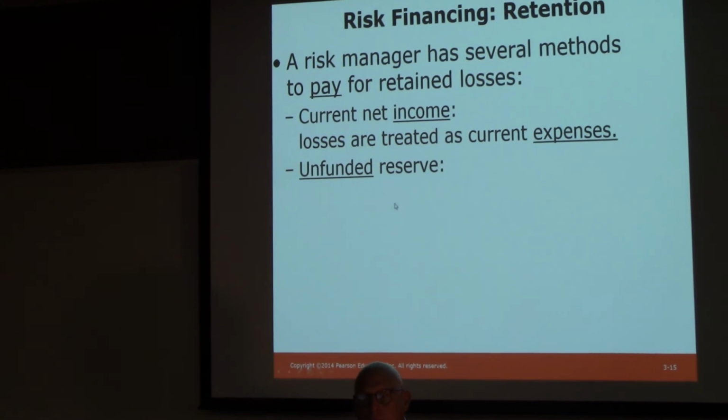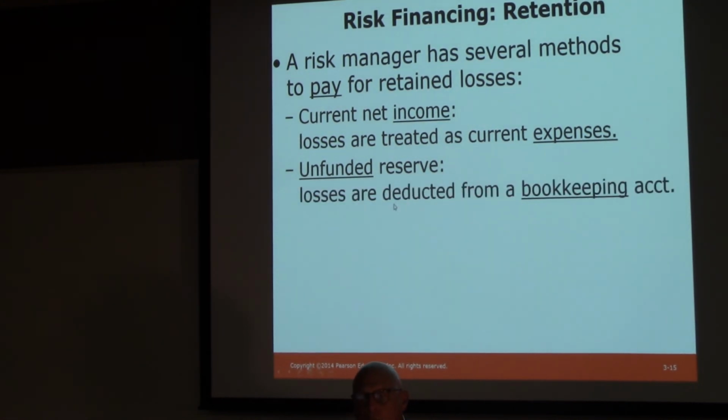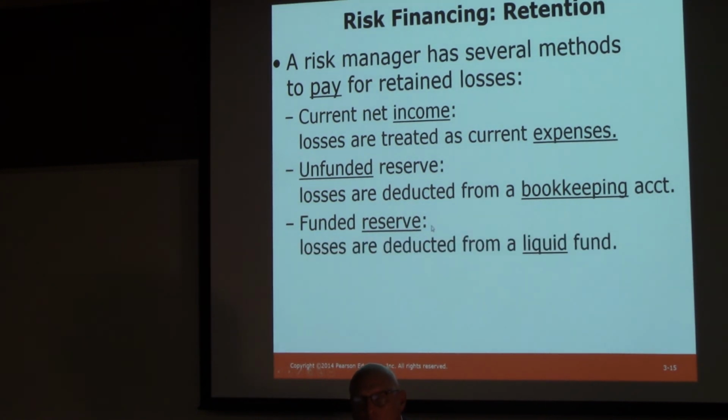Okay, and you have unfunded reserves where you set up for accounting purposes an allowance for losses. And then you have a funded reserve where you actually keep funds on hand. It's not just an accounting entry, but you actually separate funds out and keep them available to pay losses.